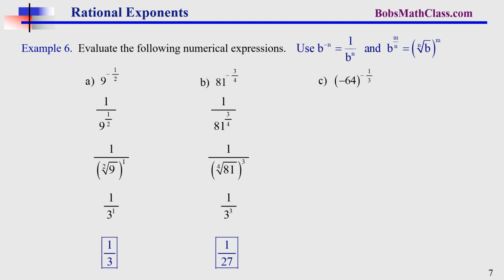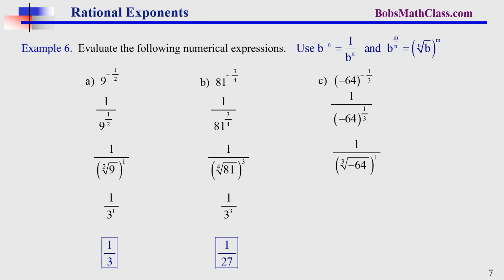Look here, next one. Again, the negative 64 is in parentheses, so keep it in parentheses. You're going to move it to the bottom. The 1/3 will become a positive. So 1 over negative 64 to the 1/3. Put the negative 64 under the radical.